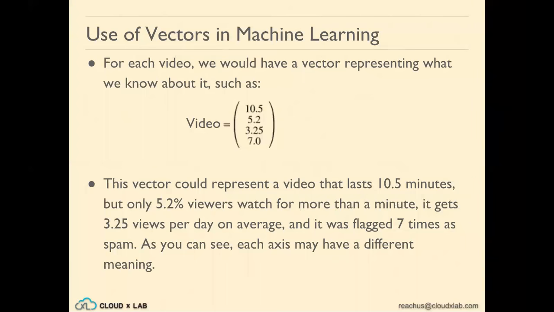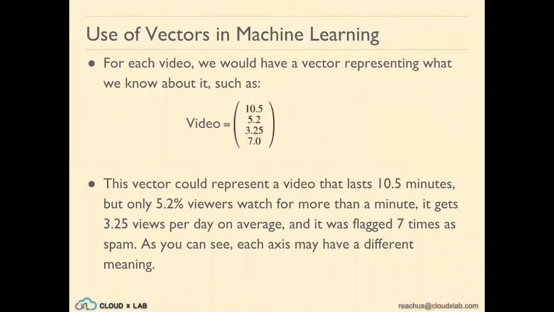Let me say it in other words. A video has characteristics, or we call them features, and it's a list of features. As part of our machine learning, we will try to convert the features of anything into a list of numbers. If we have to convert an image into a vector, you know what it will be?